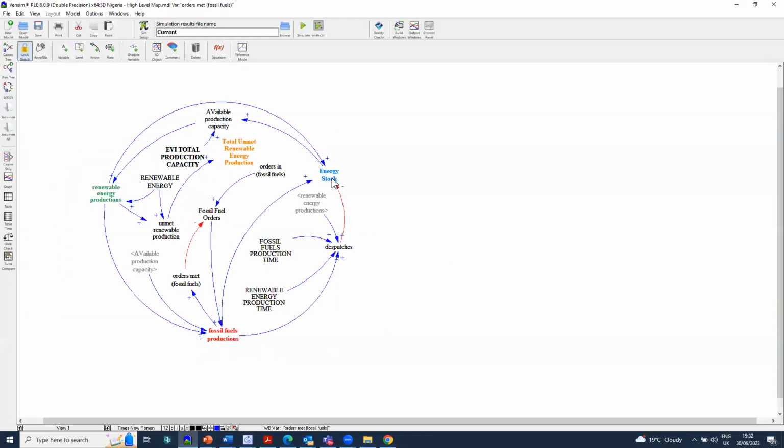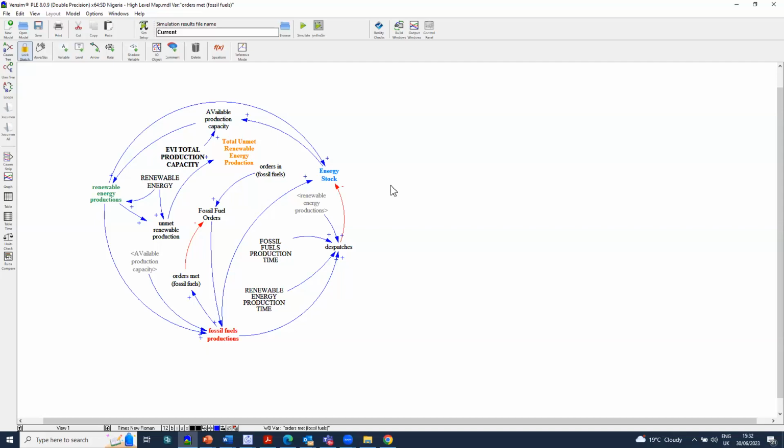So if you go to the causal loop diagram, you can see the energy stock. How many variables are going into the energy stock? The blue line is what is going in. You can see this plus here: renewable energy production goes into energy stock, fossil fuel production goes into energy stock. Does any other energy go into energy stock from this causal loop diagram?